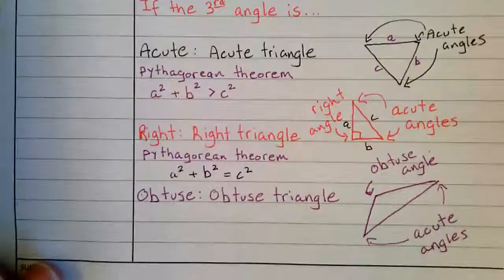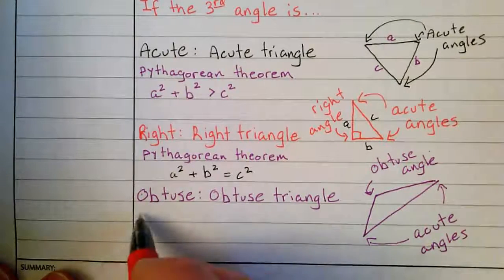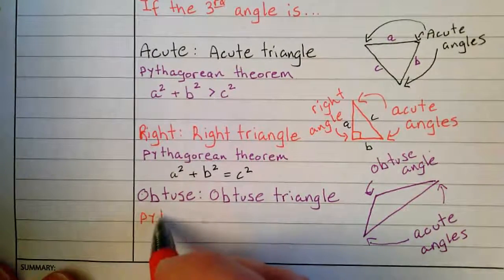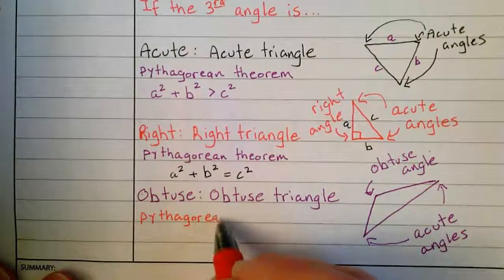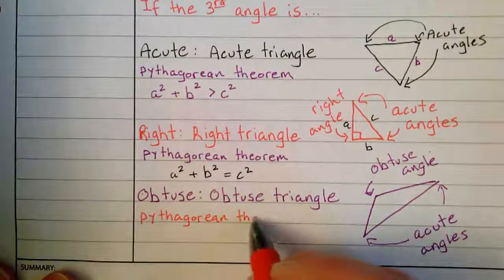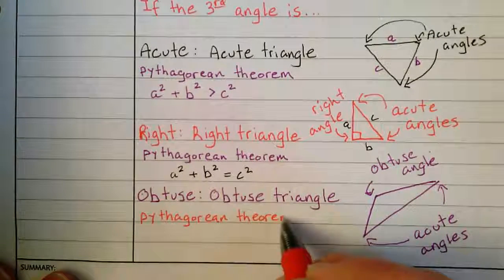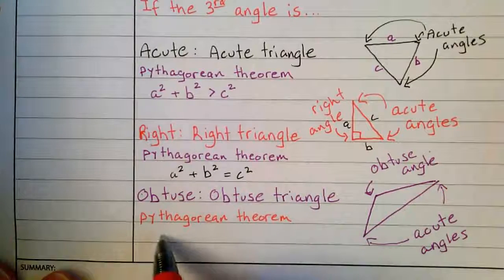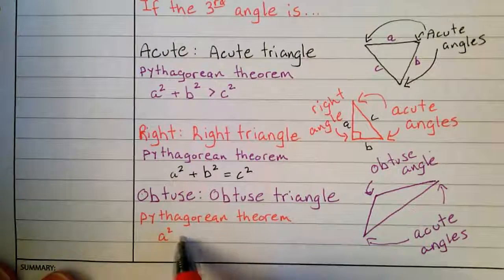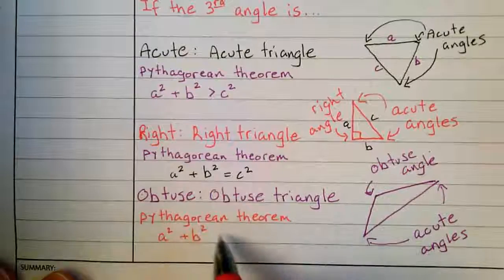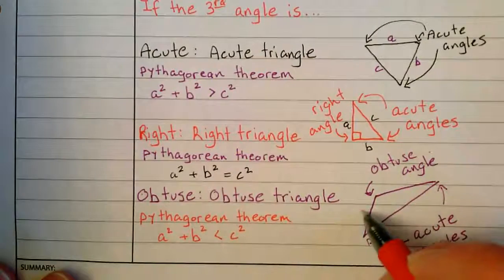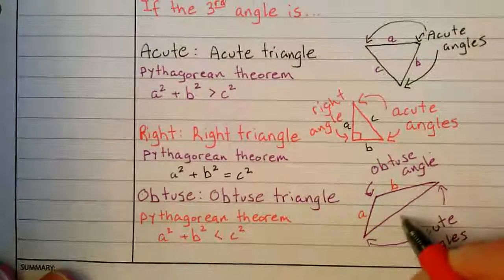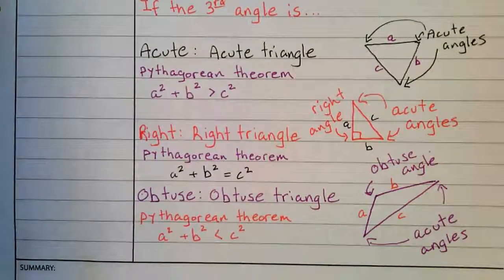And then in an obtuse triangle, if you're not sure where this is headed, but you can probably guess, the Pythagorean theorem says that a squared plus b squared is less than c squared, where we have a and b and c.